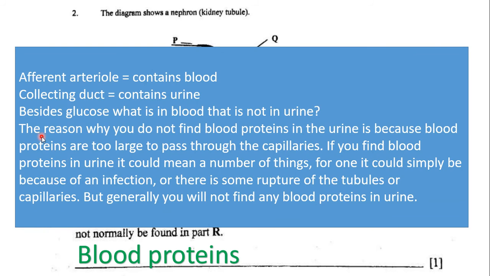Now, the reason why you do not find blood proteins in the urine is because blood proteins are too large to pass through the capillaries. If you find blood proteins in urine, it could mean a number of things. For one, it could simply be because of an infection, or there's some rupture of the tubules or capillaries. But generally, you would not find blood proteins in urine.